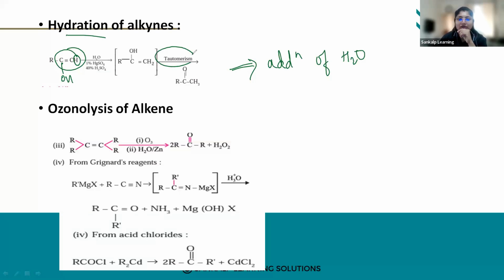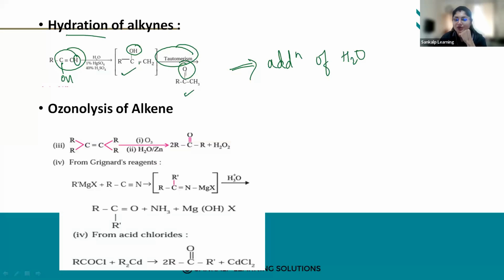What do you mean by tautomerism? Tautomerism means the number of atoms are the same, only there is a change in the structure, a change in the bonds. Here you see it is an alcohol, OH, and here it has become a ketone.